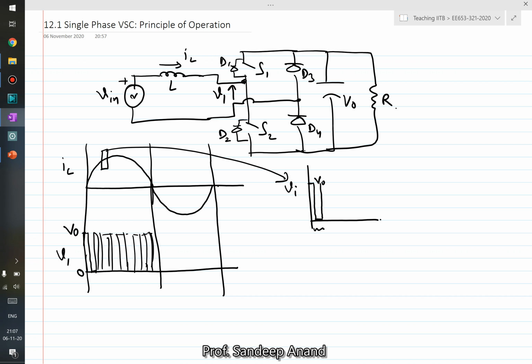Now in the negative cycle, you can see that the inductor current is flowing in the other direction, and you would be utilizing switch S1, turning it on and off. Thereby V1 can be 0 or V1 can be minus VO.